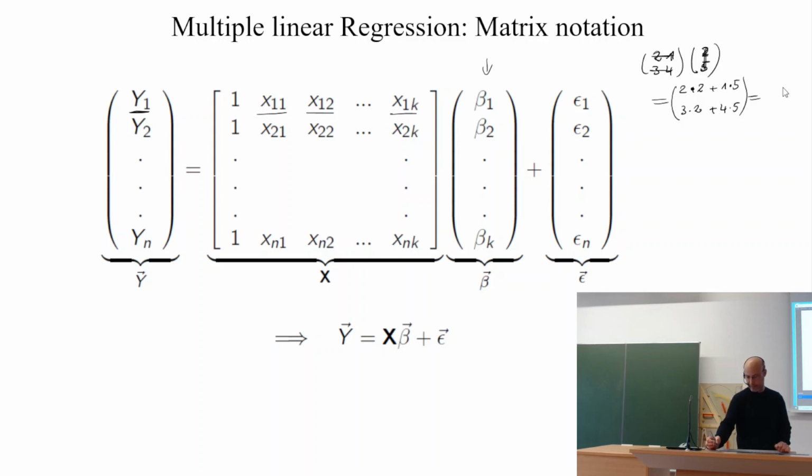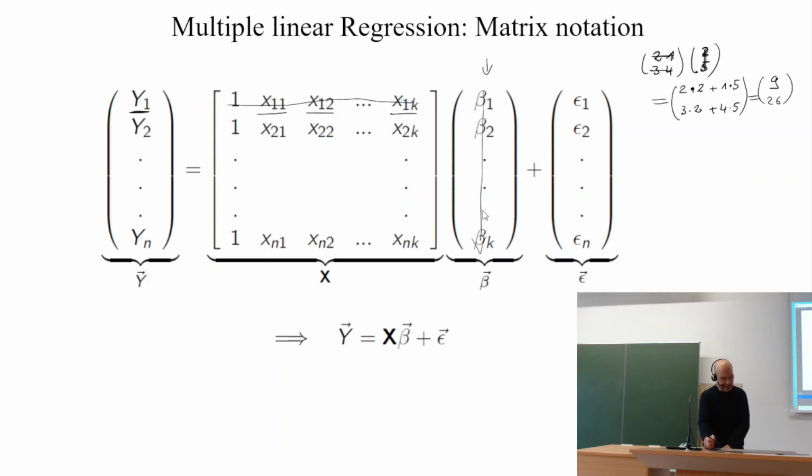And if you calculate this, then it should be 9 and 26. And here you can also think of that you start with this line and then you multiply and sum up this with your parameter vector beta.